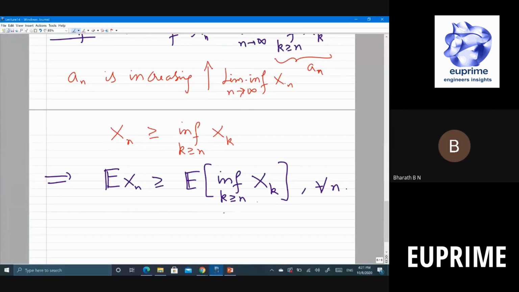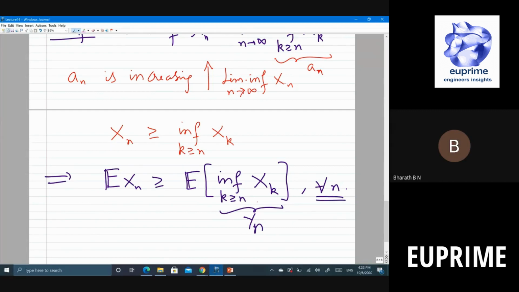Now, what can you say about this sequence? This sequence is increasing. Therefore, the expected value of this also increases. If I call this sequence yn, then the expected value of y1 is smaller than or equal to the expected value of y2, and so on. So this whole thing is increasing, and this is true for every n.